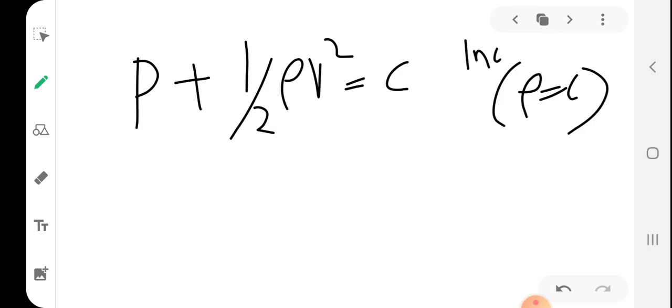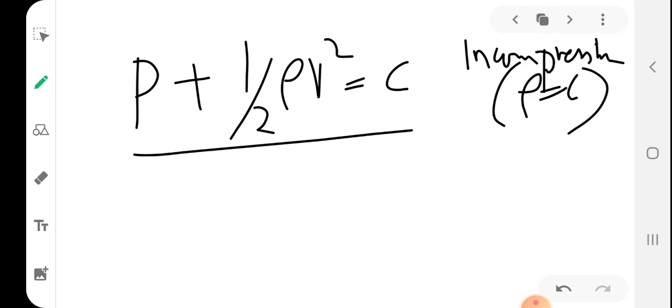Since this is incompressible, rho can be taken to the constant side also. So P plus half rho V square is equal to constant at any section. The constant obtained here is the total or stagnation pressure, since the total pressure is obtained by isentropically decelerating the flow to zero velocity.